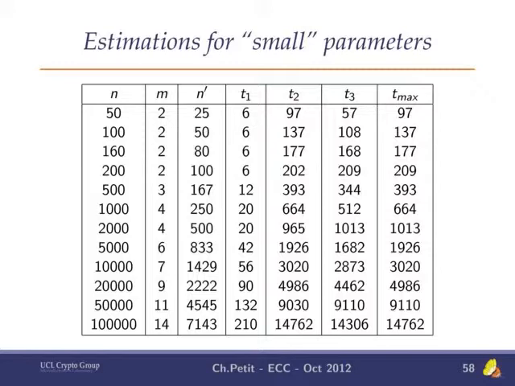Okay. So for n equals 50, this algorithm is not very efficient. It's much worse than even exhaustive search. For n roughly 160, you get close to exhaustive search, which is still not very interesting, right?